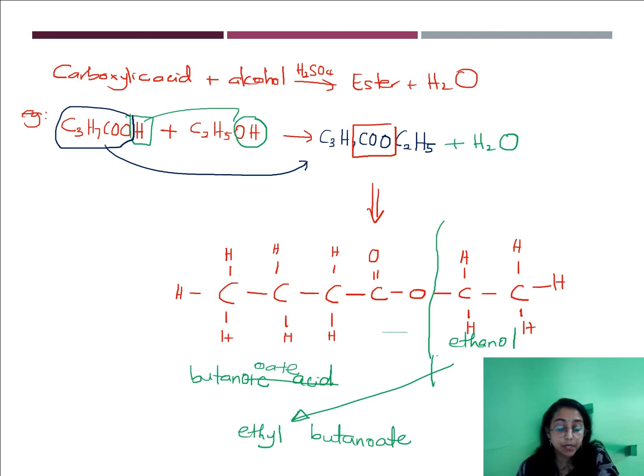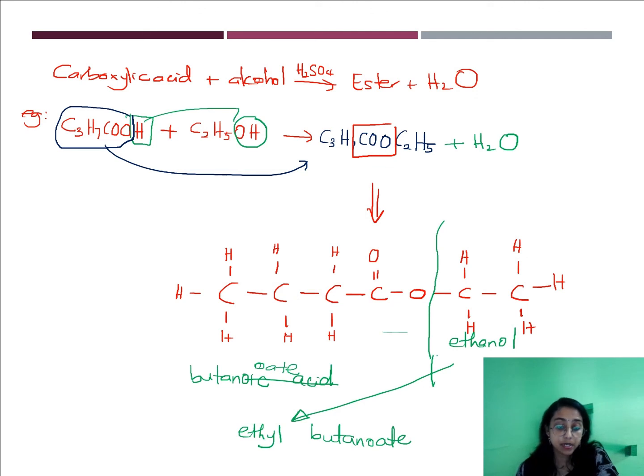When coming to the naming, remember for the carboxylic acid you take out the OIC acid and substitute with OATE. And for the alcohol, you take the alcohol name and change it to the alkyl name. So we take the prefix, but we don't do the ending part, we change it to YL.